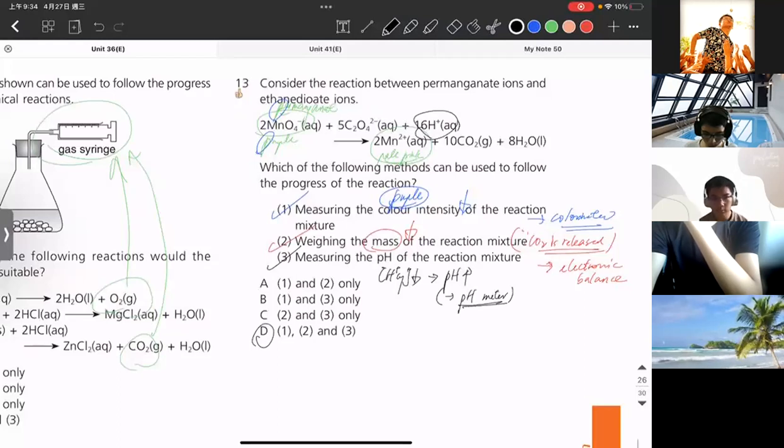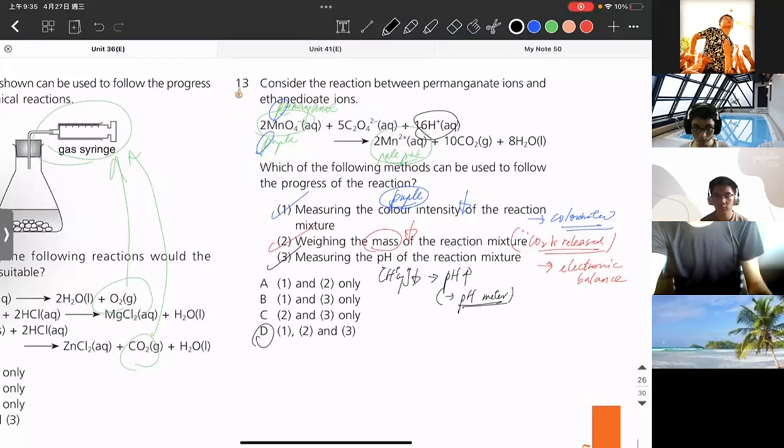Measuring the decrease in mass can help. Second is keep track of any color change. Usually, transition metal ions will have certain color changes. Remember that. And number 3, if you find that all those solutions are colorless and do not show observable change, but you may find some acid or alkaline on either side, you use titrimetric analysis. Can you get my point?